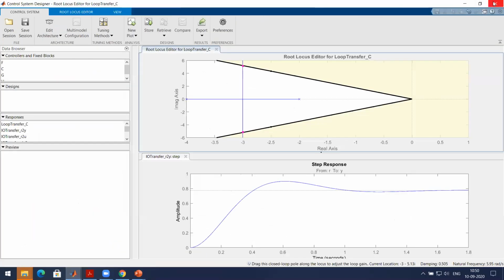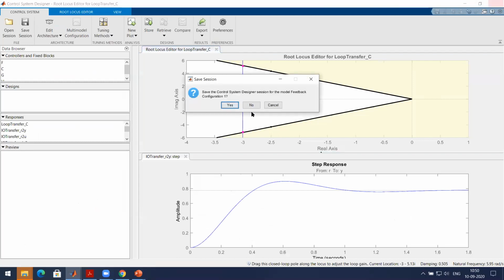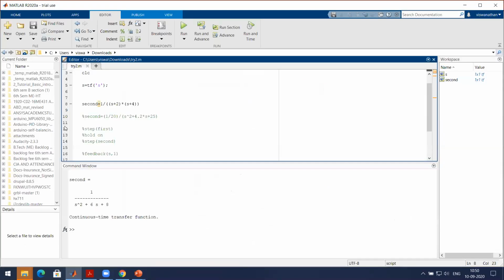Just close this one. 4 divided by s into s plus 2. Now what do you get?